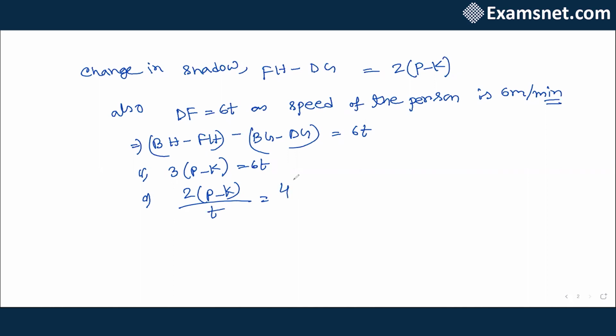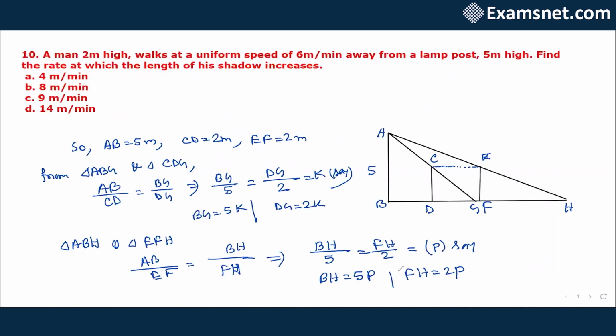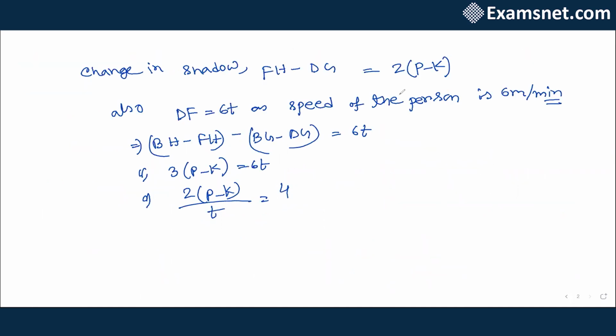4. Okay, so here 2P minus K means the distance, yes, the change in shadow, and the change in shadow per minute. So change in shadow per minute, that is the rate of change, means that is the speed.